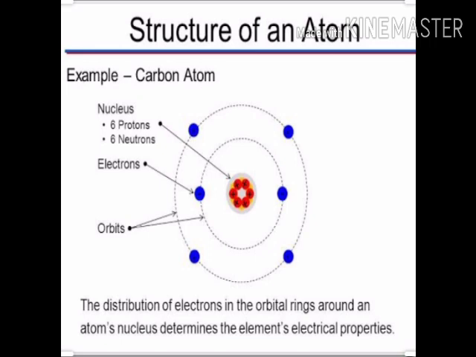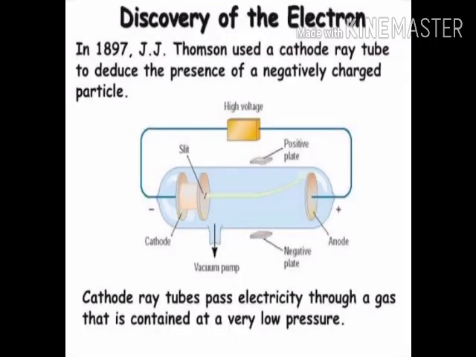Moving on to the discovery of electrons. In 1897, J. J. Thomson used a cathode ray tube to deduce the presence of a negatively charged particle. Cathode ray tube passes electricity through a gas that is contained at a very low pressure.